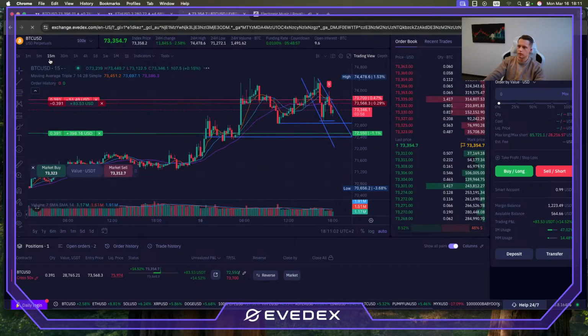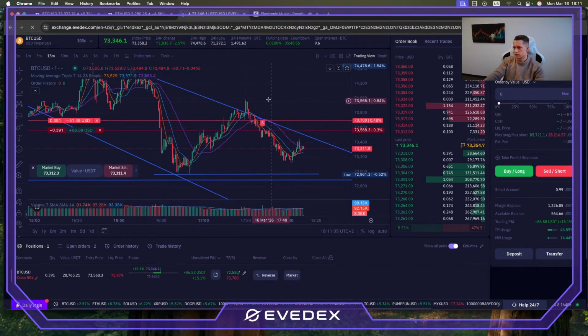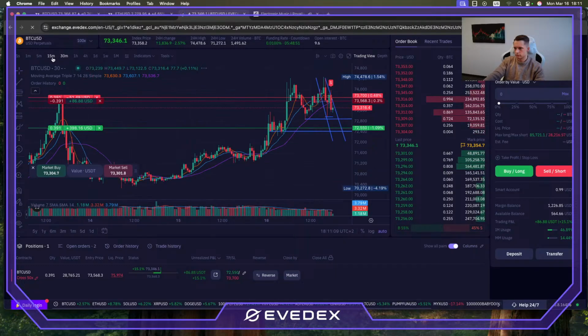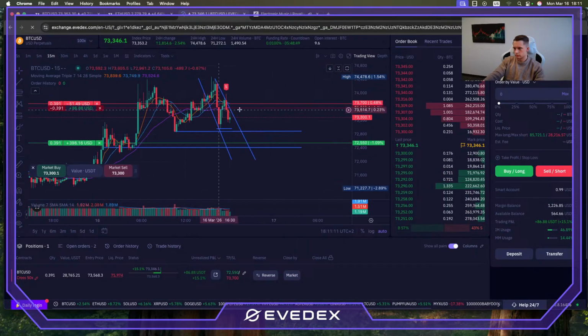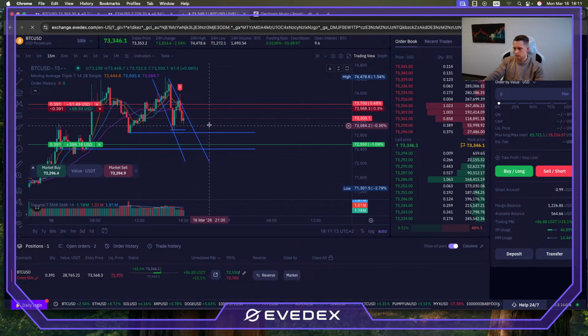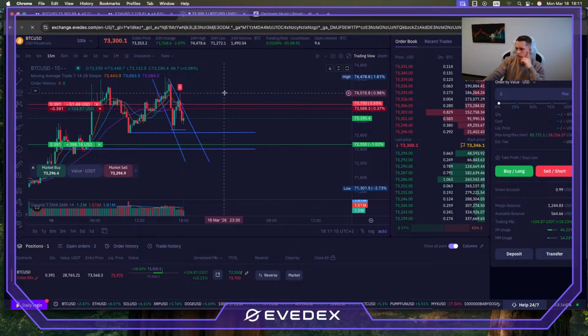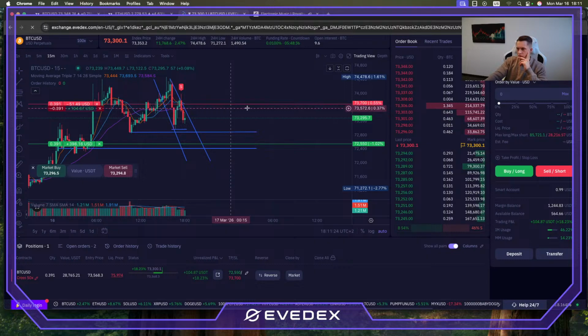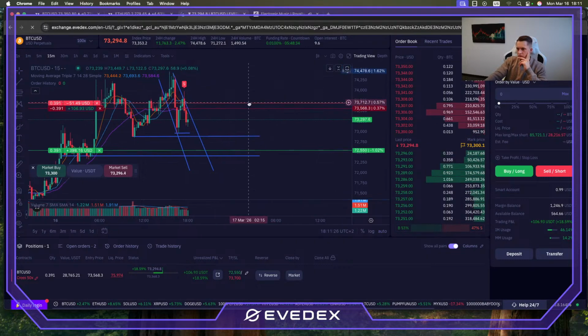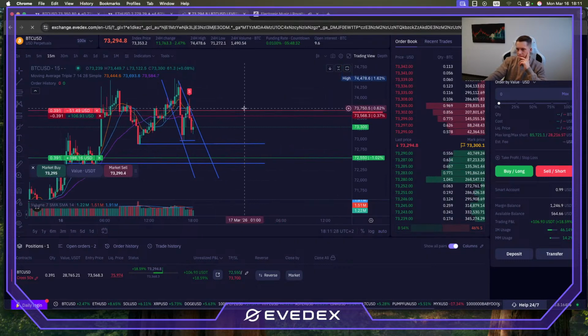What are we looking like on the bigger time frames? So as for the longer time frames, they're still suggesting that the downwards movement is still there. The bearish downtrend is still as it stands.